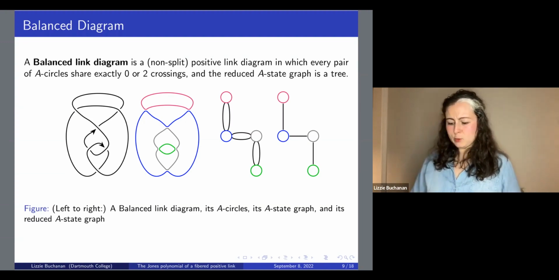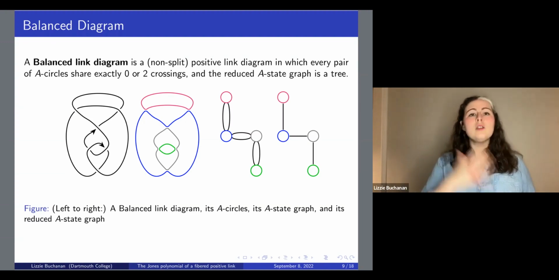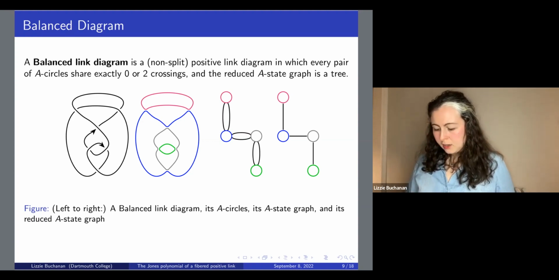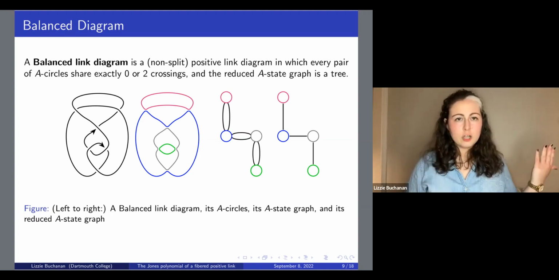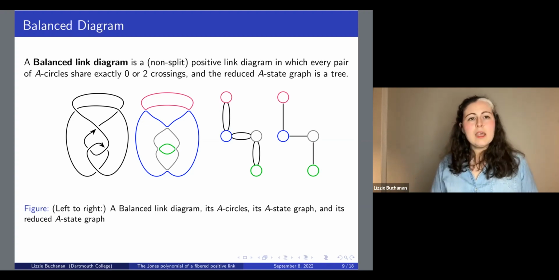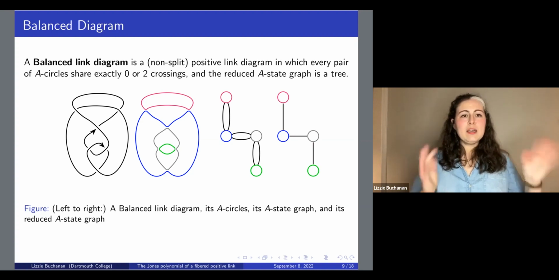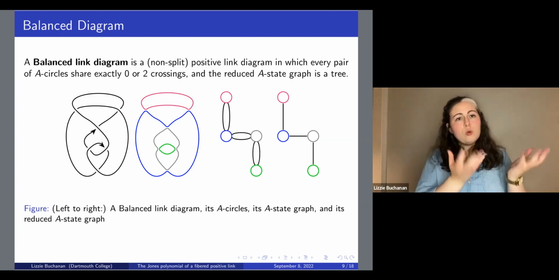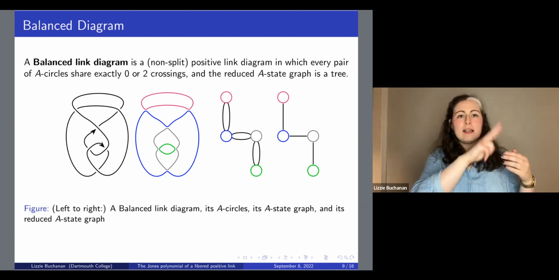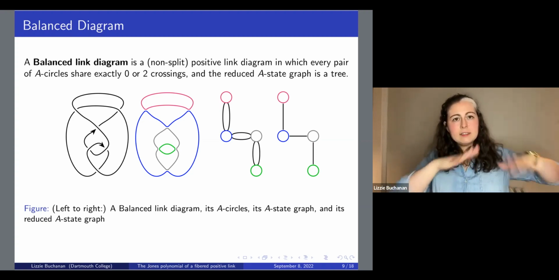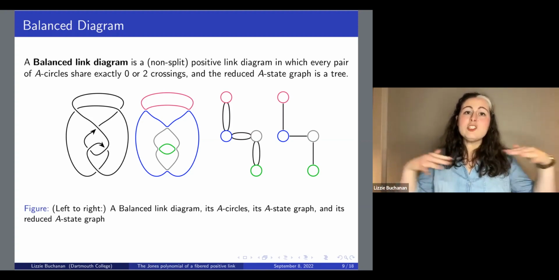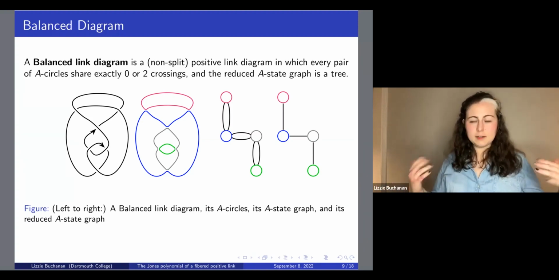We're stating it this way because we're defining a diagram, not a knot or a link in general. The example that we already showed was actually a good example of a balanced link diagram. We have this nice balance because every time we do have vertices that are connected to each other, they're connected by exactly 2. So every pair that is connected is connected by exactly the same number of edges. So there's a nice balance there.